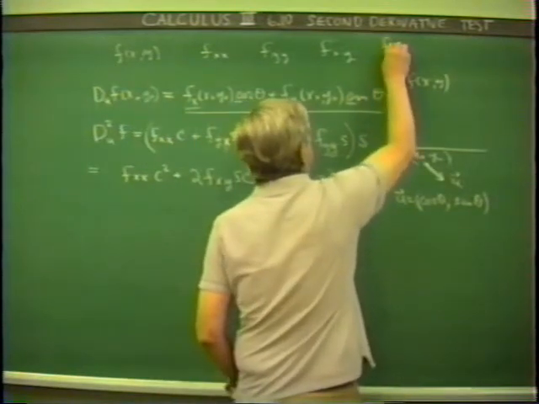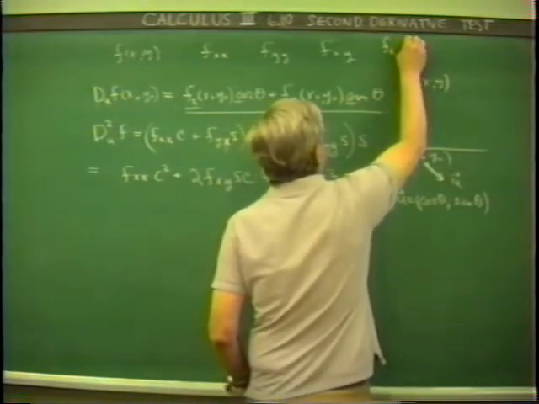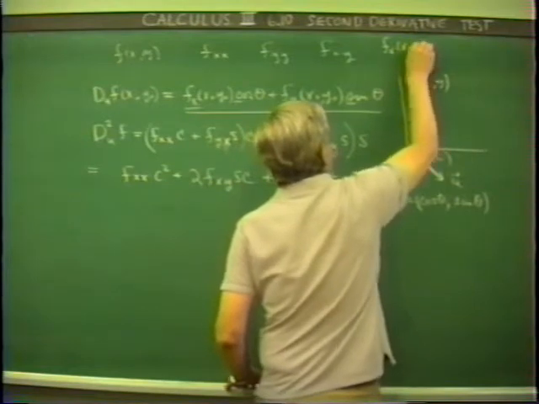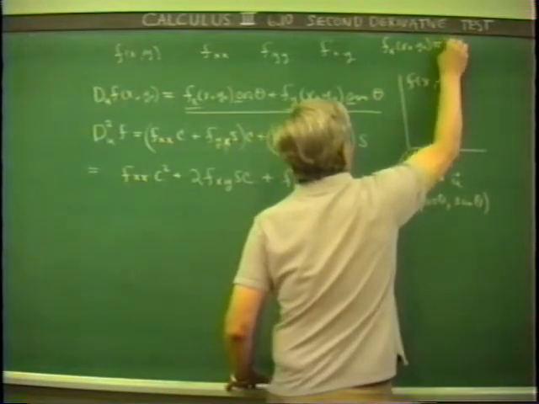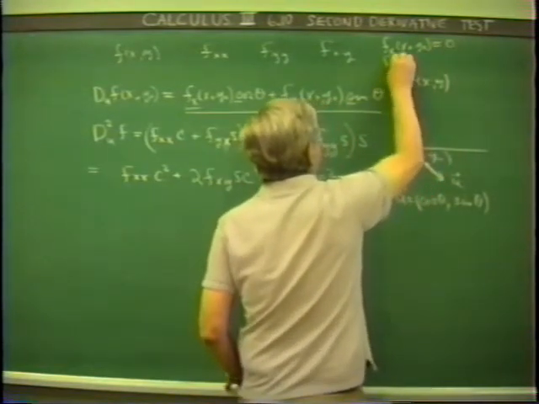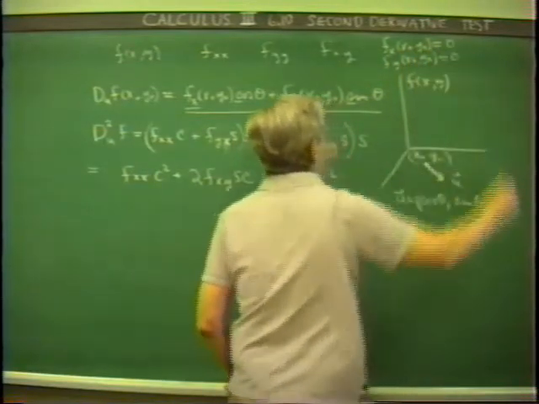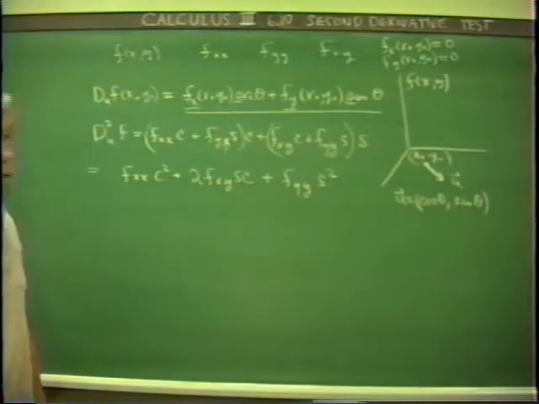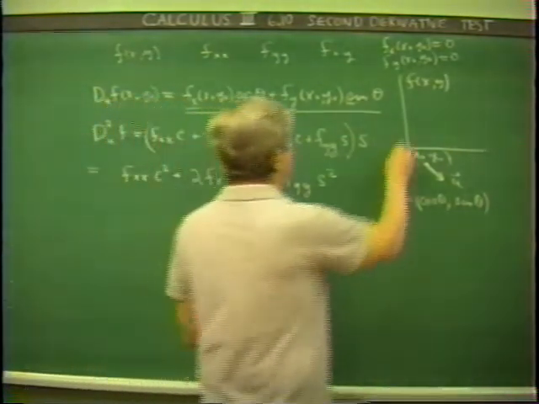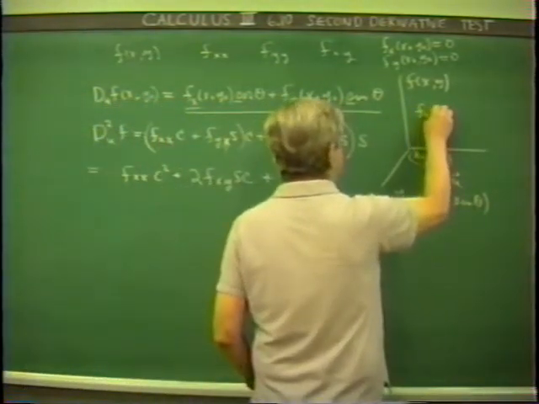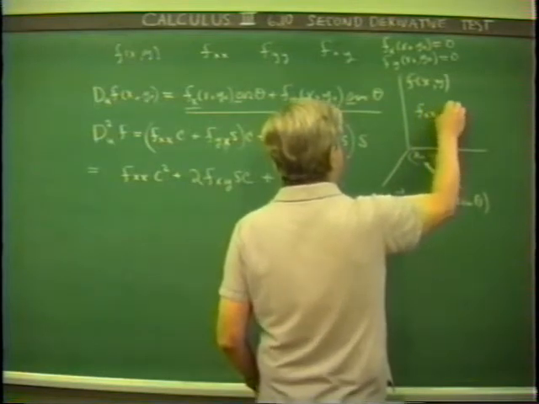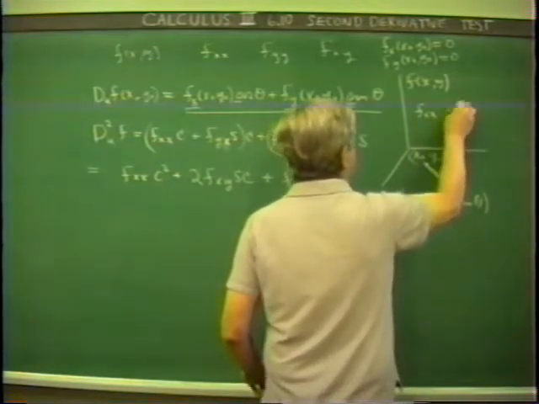Okay. So now, let's suppose that we've got the partial with respect to x at the point equal to 0, and the partial with respect to y at the point x naught, y naught equal to 0. So we suspect possibly a maximum or minimum here.